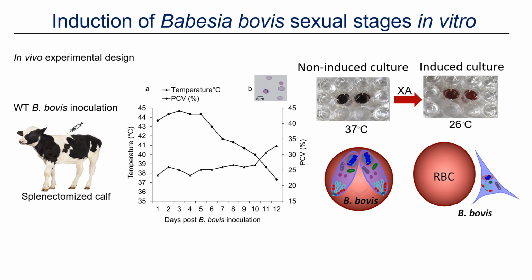When the parasitemia reached around 5% in culture, Babesia-infected erythrocytes were suspended in an induction medium containing xanthurenic acid and incubated at 26 degrees Celsius. The method is simple and yields a high number of clean sexual stages free of tick antigen.